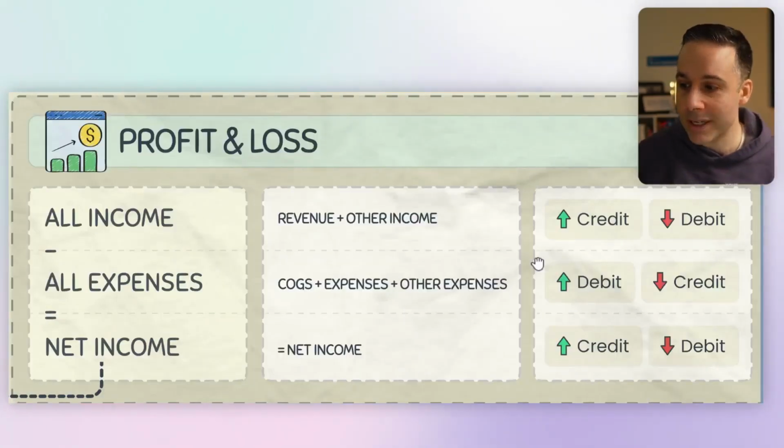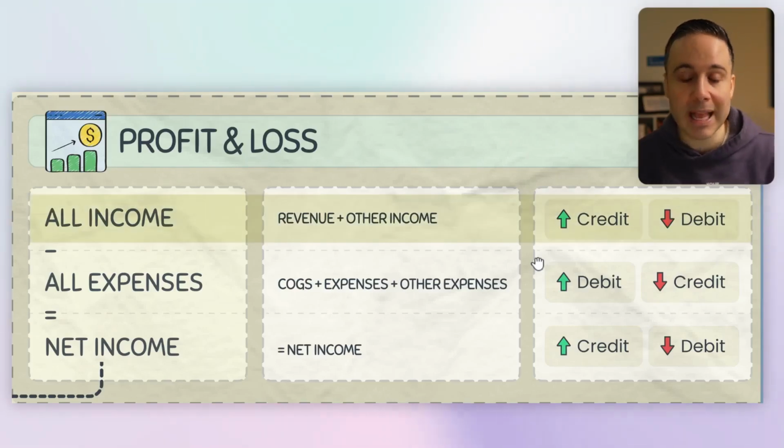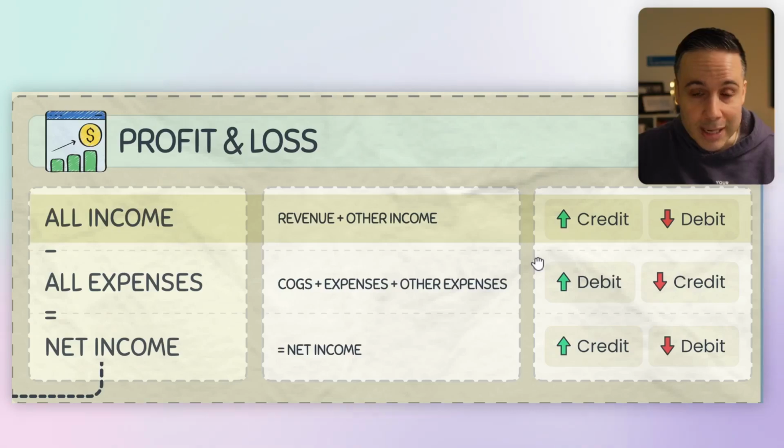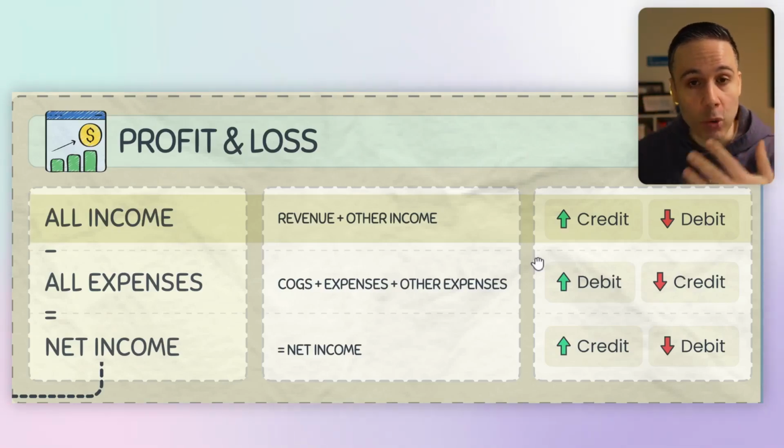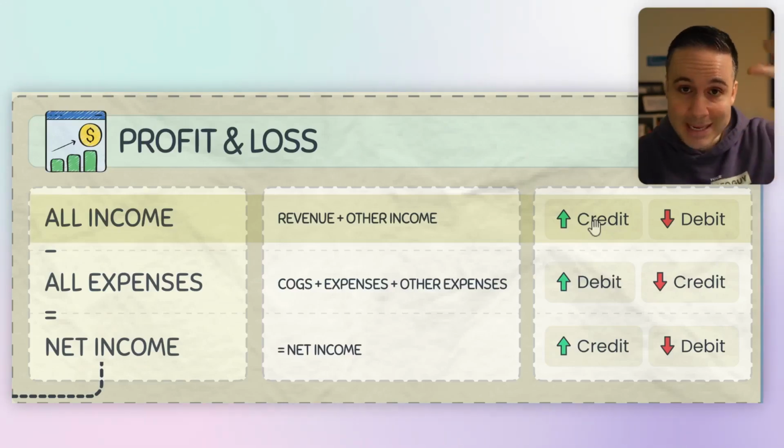So for that reason, the way that we treat our debits and credits on the income statement is very similar. All of our income accounts are going to behave in the same manner that our equity accounts go up and down by. Like we spoke about, equity accounts go up with a credit and down with a debit. So in order to recognize revenue, that is going to cause our revenue to go up with a credit and down with a debit.